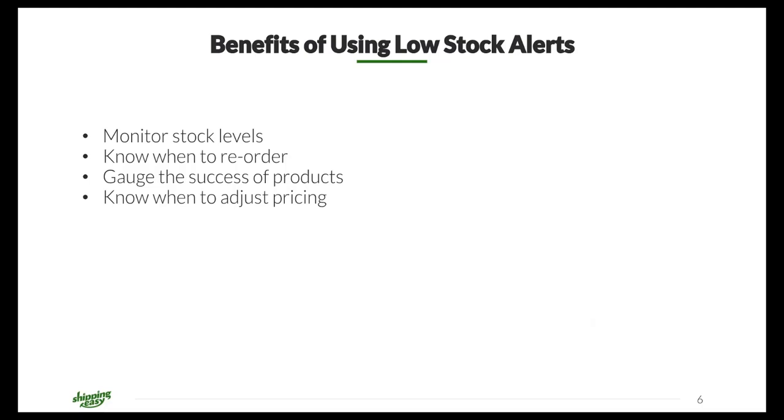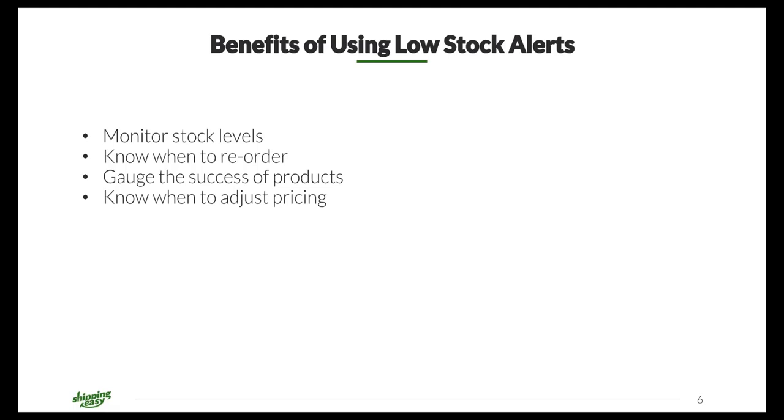Using the low stock feature in ShippingEasy will allow you to easily gauge the health of your inventory. What this means is that you won't be caught off guard when suddenly your items have a stock level of 0 on your platform. You can use this in whatever way works best for your business. You can gauge the success of different products, so you can see what is selling and what isn't selling.